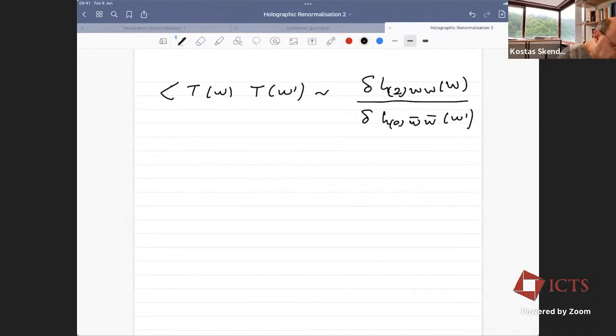Let me change this so I would not confuse the coordinates with the indices. So if I put z prime.